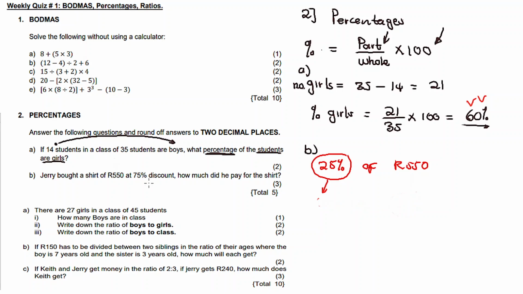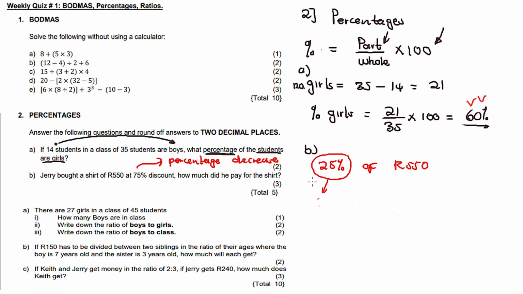By subtracting the discount from 100%, whatever is left is what you're going to pay. Right? So you're going to say this is 25. I'm going to pay actually 25% of the original price. If my discount is 75%, this is a percentage decrease. This is a percentage decrease type of question.